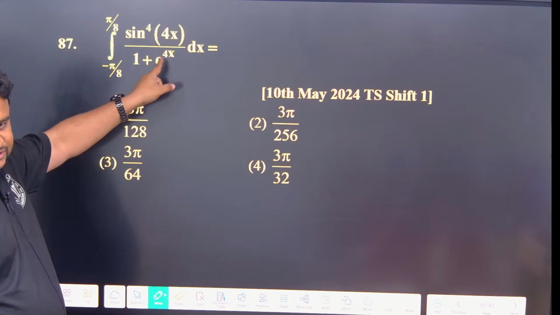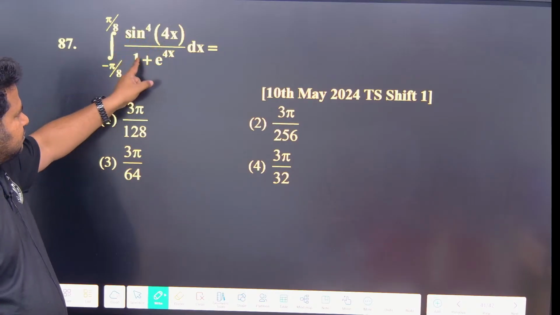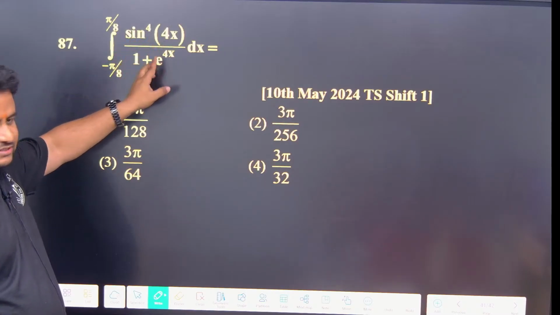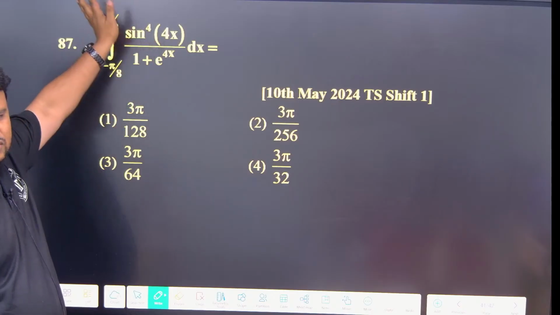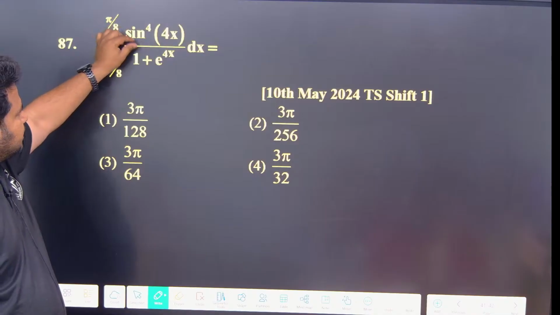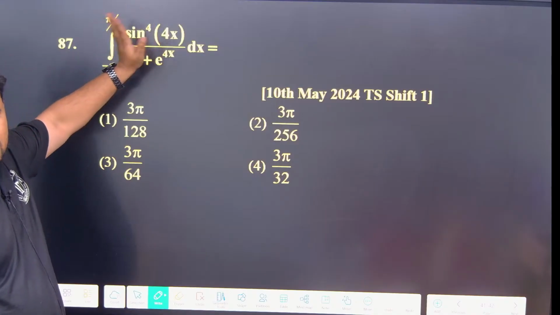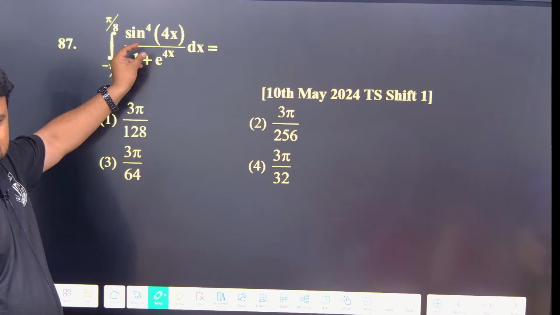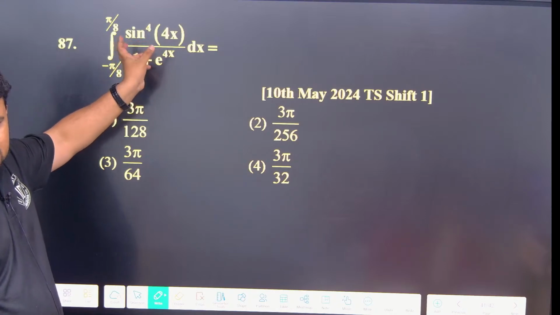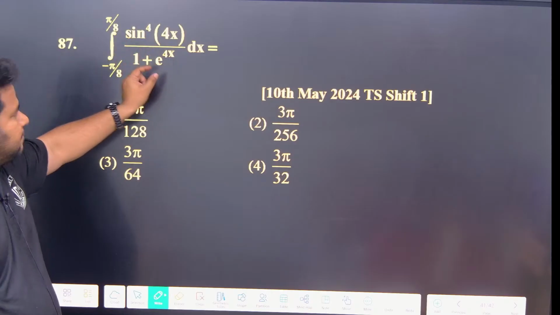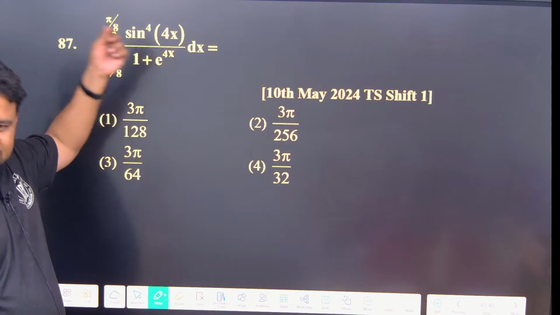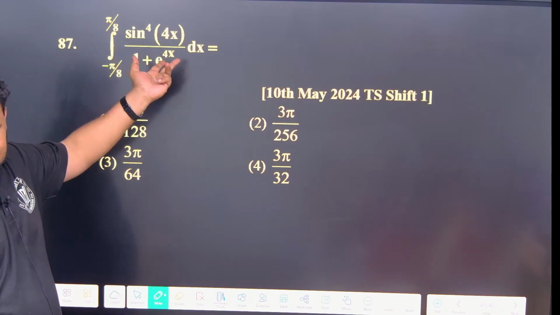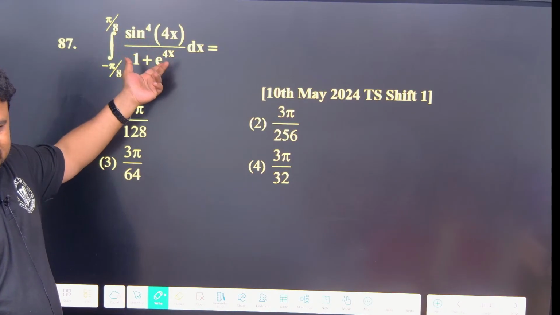Now, sin power 4 of 4x, is it even or odd? Even, because sin 4x is odd, but to the power of 4 it will become even. If there is an even power, any function is definitely even. Straightforward.